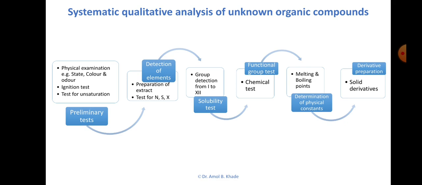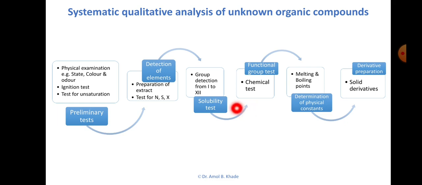We have to prepare the sodium fusion extract and then subject it to the particular test. After these preliminary tests and detection of elements, the next is the solubility test. If you have watched these videos, then it is easy to understand the solubility test. If you have not watched these videos, the link is given in the description box.